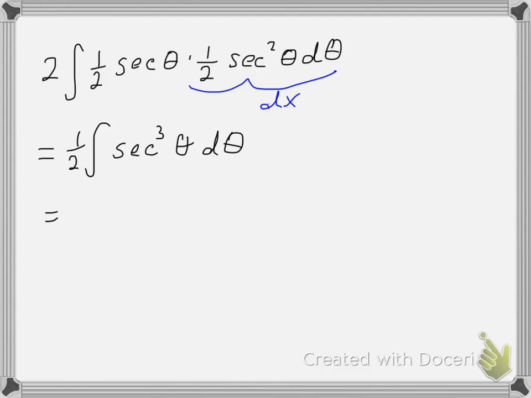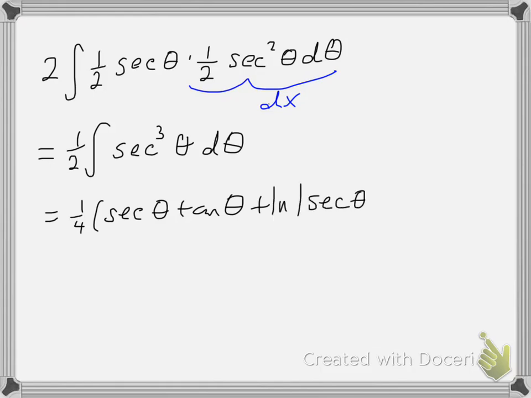With the extra half that we have, this will become 1/4 times the secant of theta tangent theta plus the natural log of the absolute value of the secant of theta plus the tangent of theta. And of course we're integrating this between 0 and 2, but I left out the limits of integration because we still have to rewrite everything to be all in terms of x.